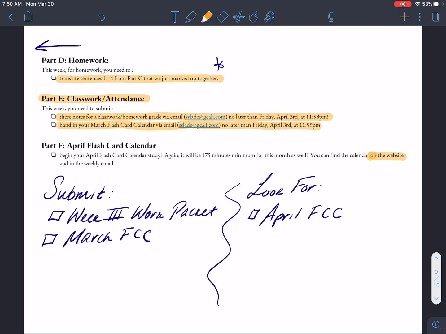You can go on the website, and it's going to be included as a PDF attachment in the weekly email from this week. So you should get started studying your April flashcard calendar. Again, I'm going to be asking for 175 minutes minimum this month as well, because we're not going to meet for a while. So those are the 3 things I need you to do.